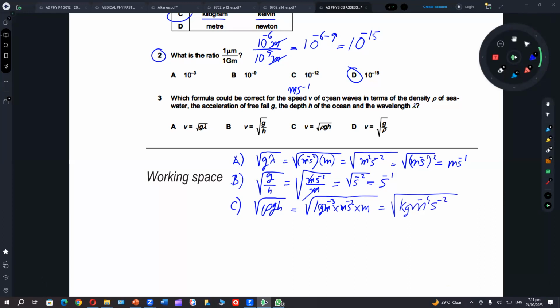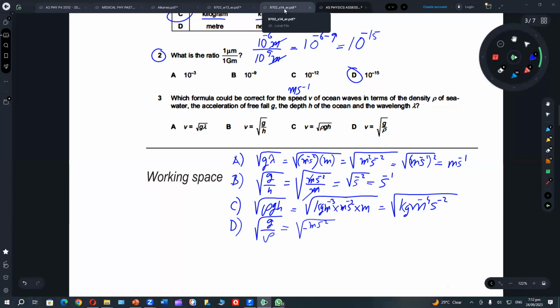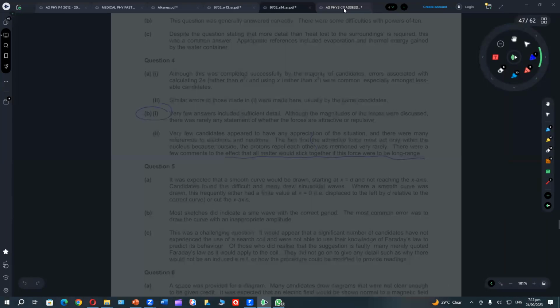Kg won't cancel out, and in presence of kg, it won't be equal to speed. Just for practice, look at D, g upon rho. g upon rho is again not possible because density contains kg, and kg doesn't suit us.